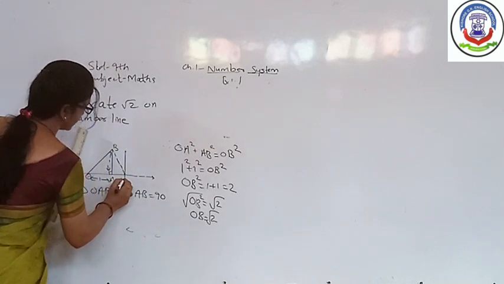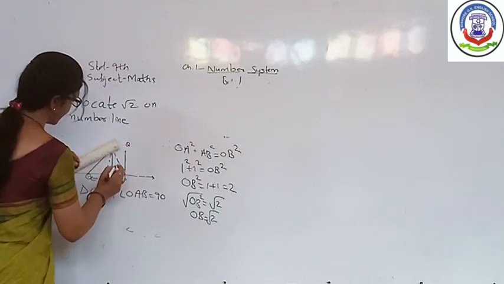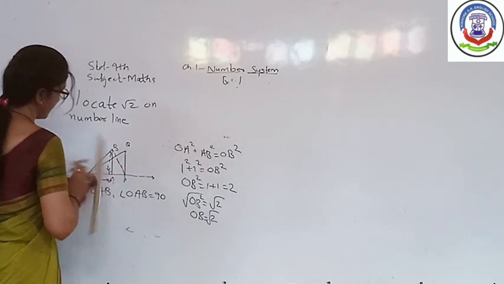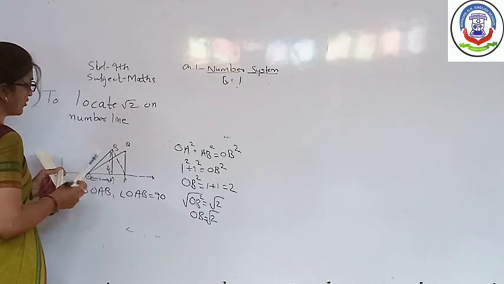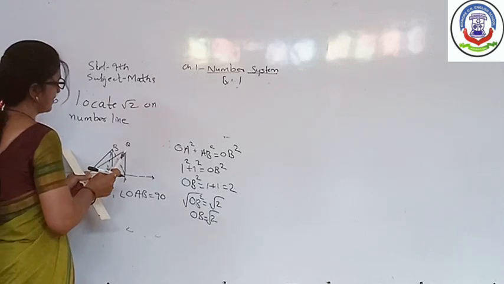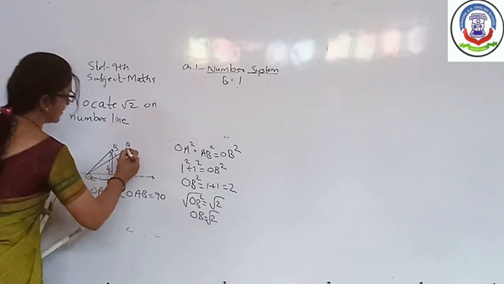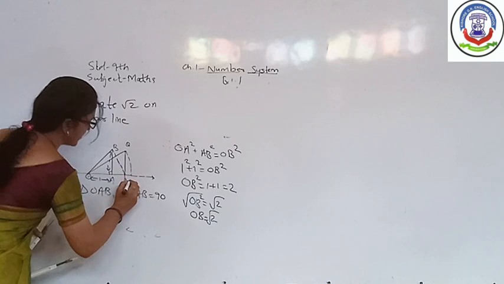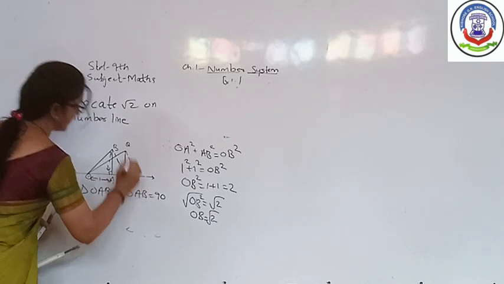Join this point O and Q. Put compass at point O. Take OQ distance like this. So this will be your point R.